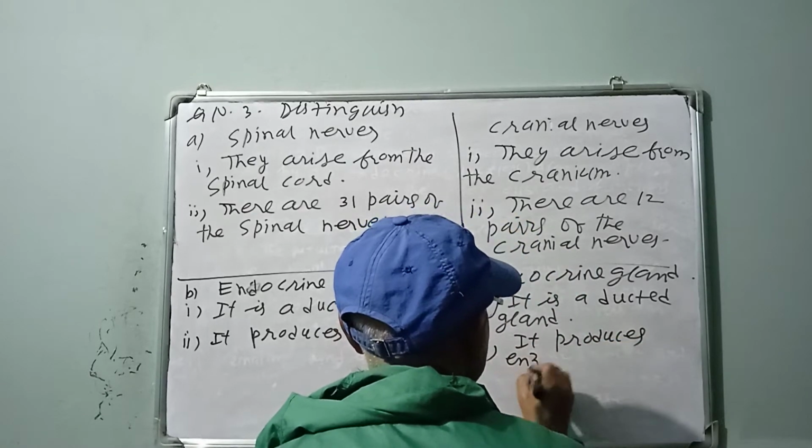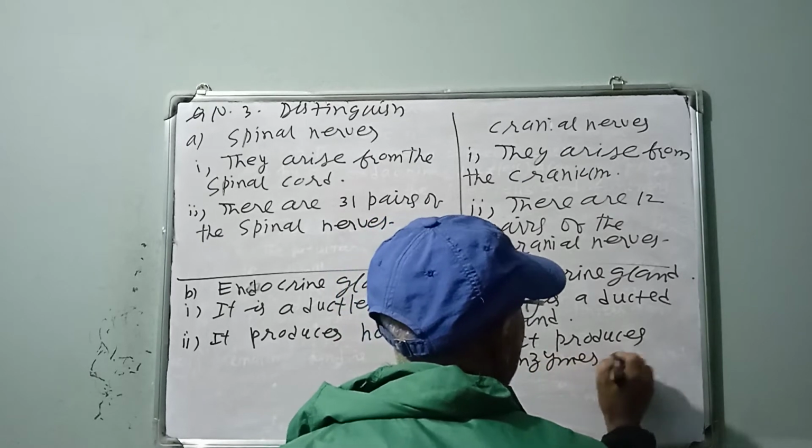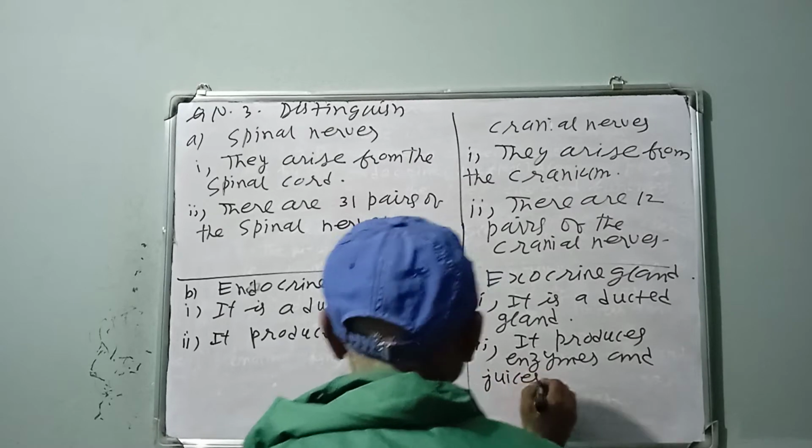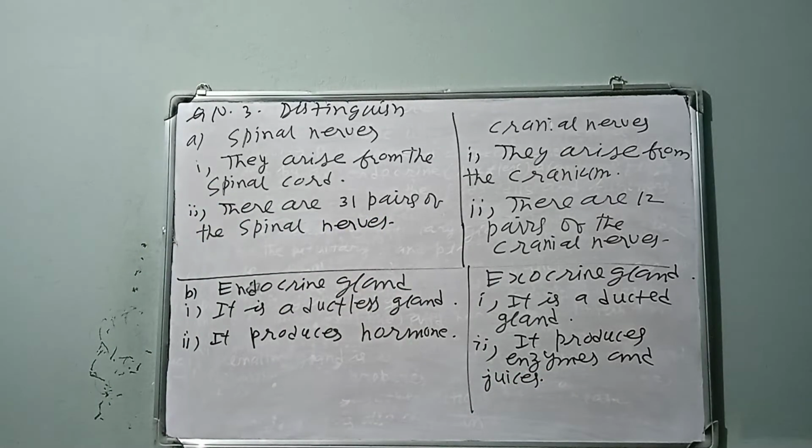Enzymes and juices. One difference, endocrine gland is ductless, exocrine is ducted. Number 2, endocrine gland produces hormone, exocrine produces enzymes and juices.